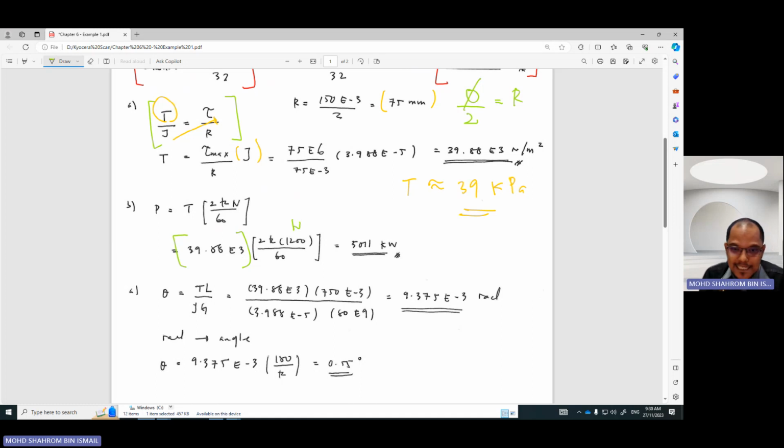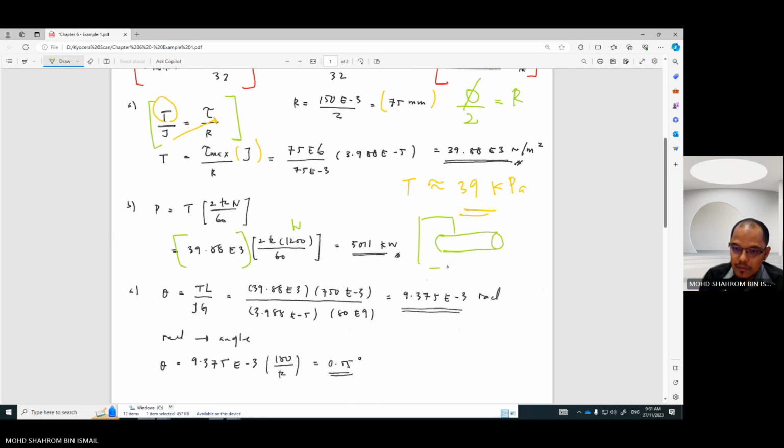So for this case, I think I managed to get 5011 kilowatt. That's the maximum power that it can generate from the whole operation. You know, for example, let's say this is the shaft.